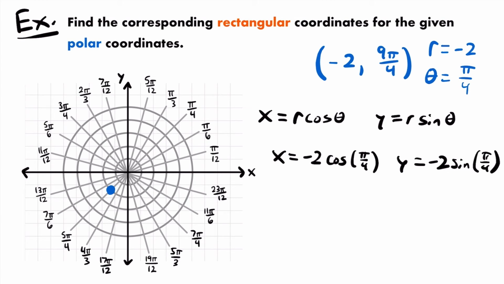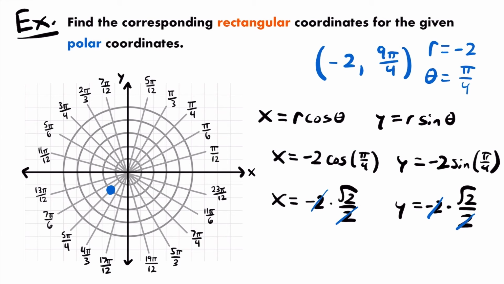All right, and we know that cosine of pi divided by 4 and sine of pi divided by 4 are both the same value. It will be the square root of 2 divided by 2. So we'll have x is equal to -2 times the square root of 2 divided by 2, and y equals -2 times the square root of 2 divided by 2. All right, now in each case, these 2's are going to cancel out, and so we're just going to be left with x equals the negative square root of 2, and y equals the negative square root of 2.